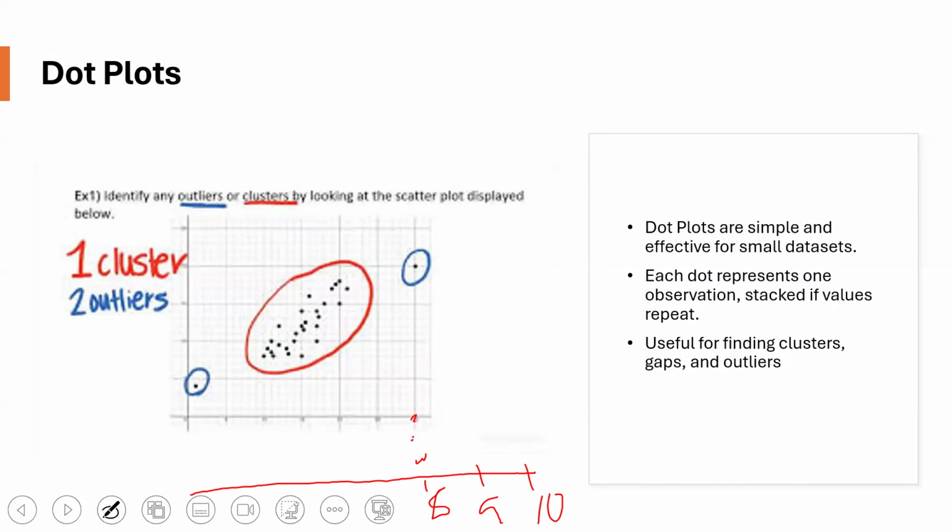If I have 5 data points that are 9, I'd do 1, 2, 3, 4, 5 data points above 9, and so on. So in other words, a dot plot kind of looks like a histogram, only it's just dots stacked above the values.